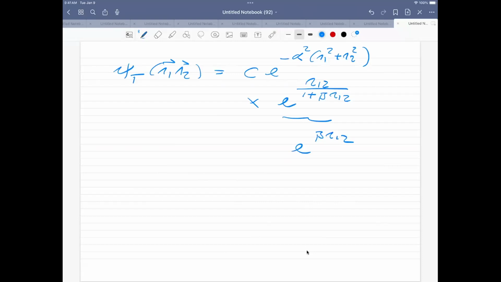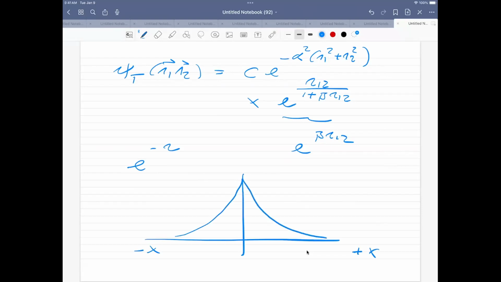So this has a name. We mentioned that some time ago. So if you just think of this term e to the minus r, and you plot that in one dimension, so this will be plus x and minus x, your wave function is going to look something like this. And this in English is called a cusp.